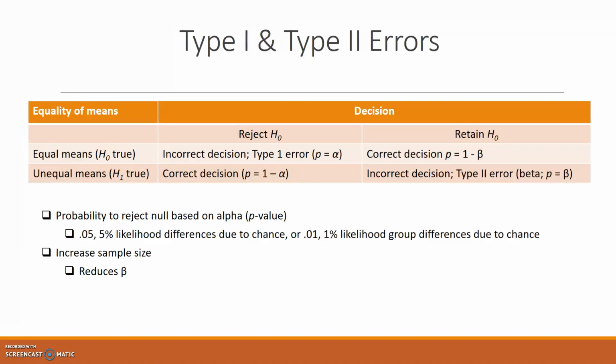And generally when we're talking about significance, we use a 0.01 or 0.05 level. These tie directly into what we call type 1 and type 2 errors.